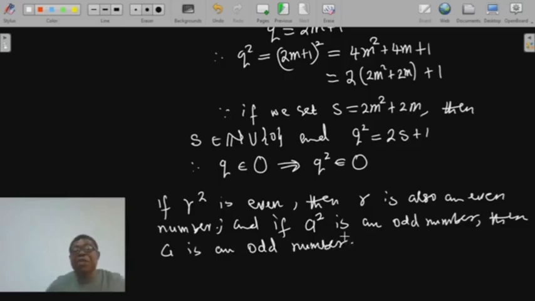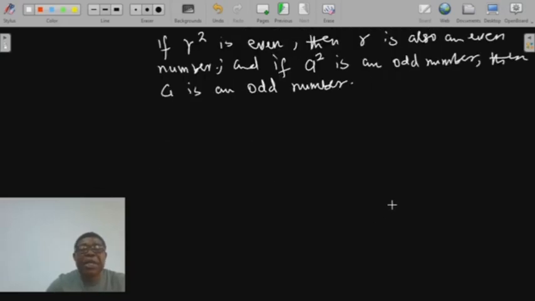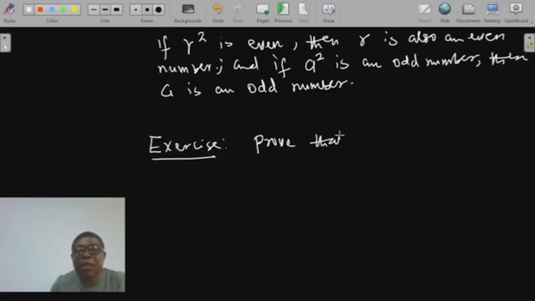So these explanations will guide us in the following exercise. And what is that exercise? The exercise is this: I want us to prove that square root of 2 is not a rational number.